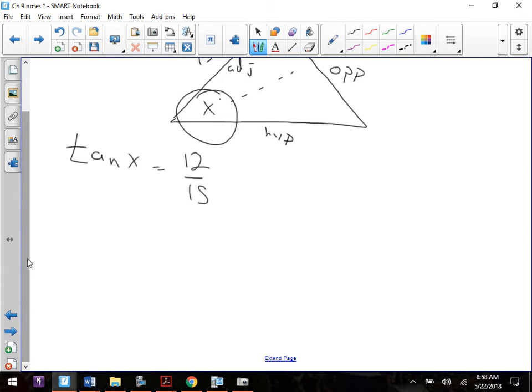Now, when you're trying to find the angle from the tangent, that's when you have to use the inverse button. Okay? This is when you use your inverse button. Your angle will equal the inverse tangent of 12 over 15.